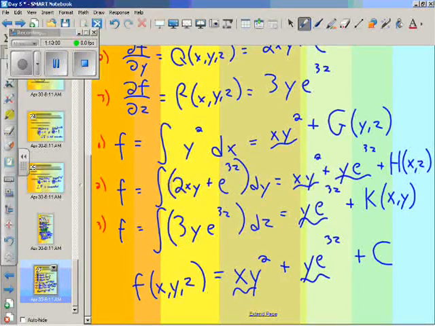But notice that x y squared can be this function k of xy, and that function y e to the 3z can be our function g of yz, because that's a function of y and z. And so our function h, in this case, ends up just being a constant. Okay, and again, we could go through and verify that the gradient of this function is going to be exactly that.